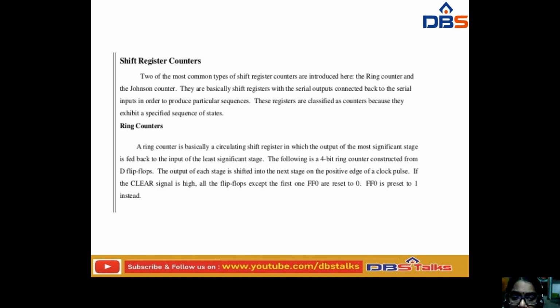If the clear signal is high, all the flip flops except the first one, flip flop 0, are reset to 0, and flip flop 0 is preset to 1 instead. The output of the most significant stage is fed back to the input of the least significant stage.